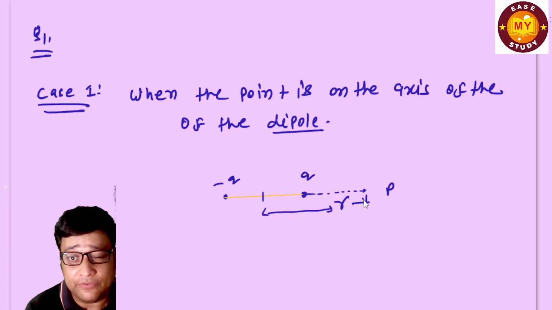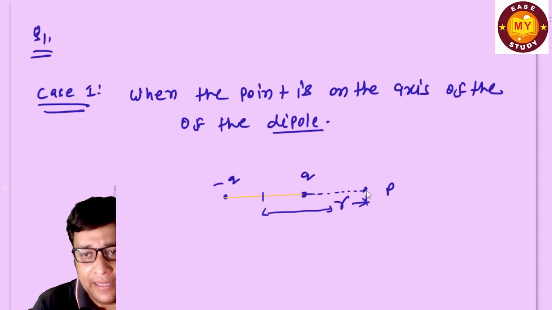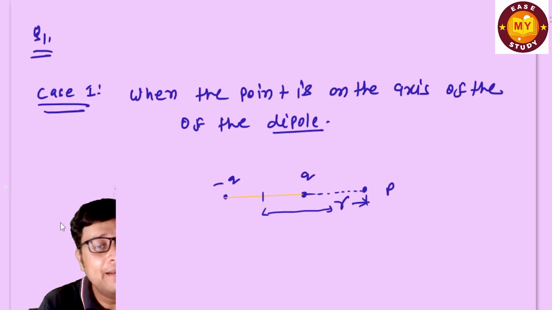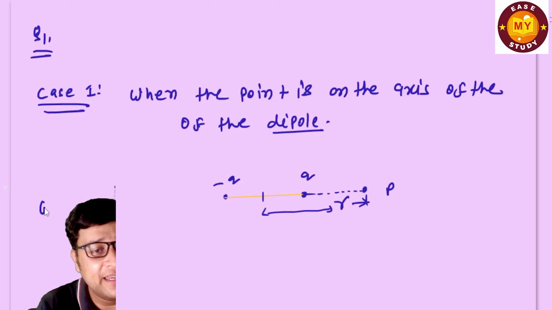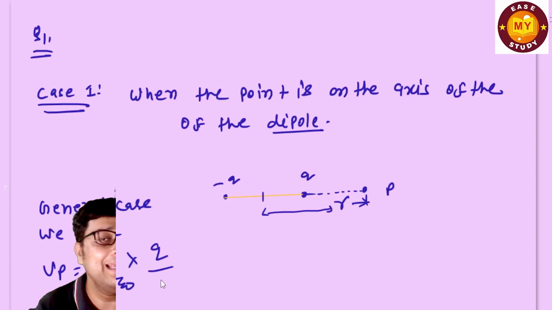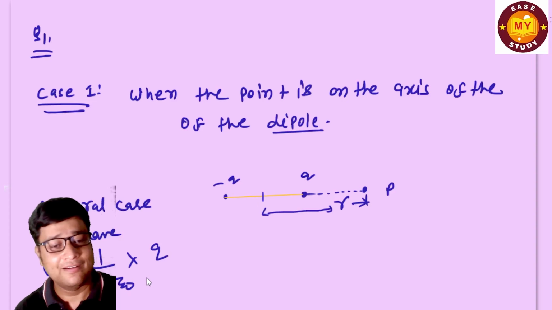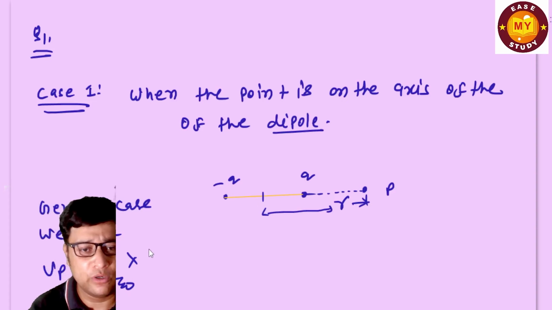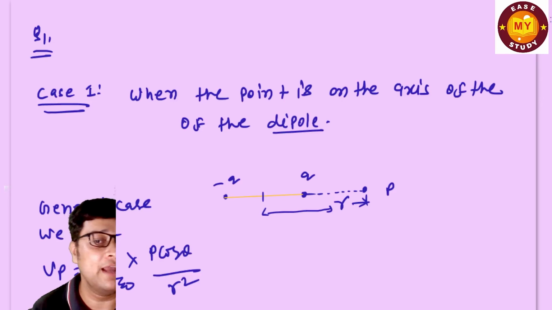What exactly you have to find? If I'm going to find the electric potential here at P, I will take the general case. What is my general case? We have Vp is equal to 1 by 4 pi epsilon naught into p cos theta divided by r square.